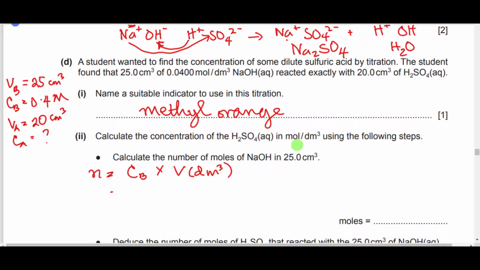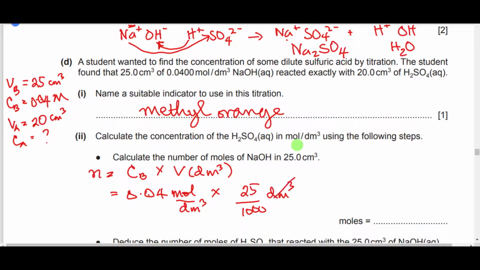So what's the concentration of the base given in the question? That's 0.04 mole per dm³, then times 25 cm³. To convert 25 cm³ to dm³, that will be 25 over 1000 dm³.